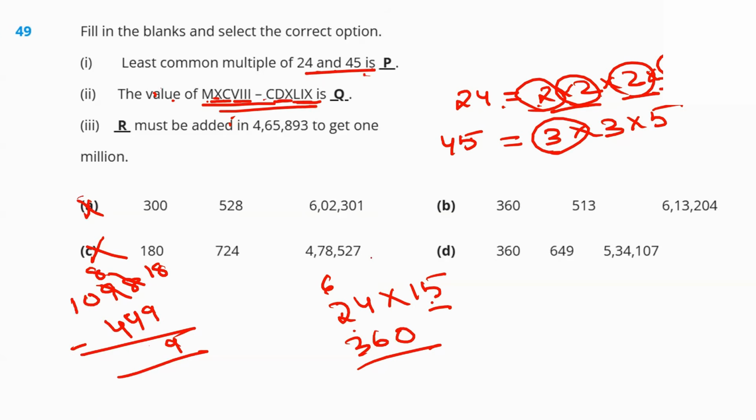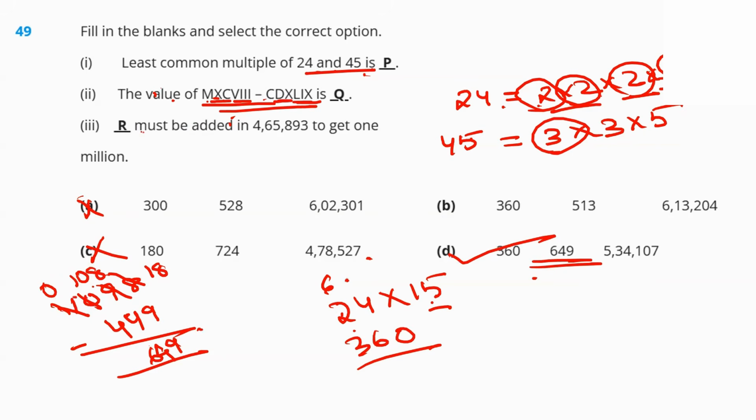Okay. So here we write 4. Next, 0 cannot be subtracted. So 10 minus 4, 6. 1 becomes 0 since we borrowed. So 649. 649 present in option D. So that's the answer. The third one is not required to solve.